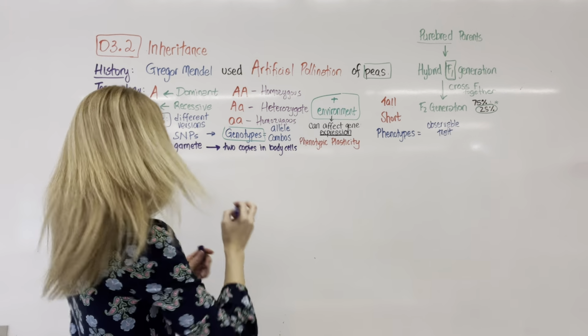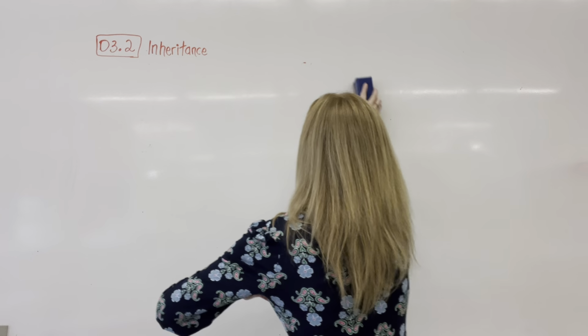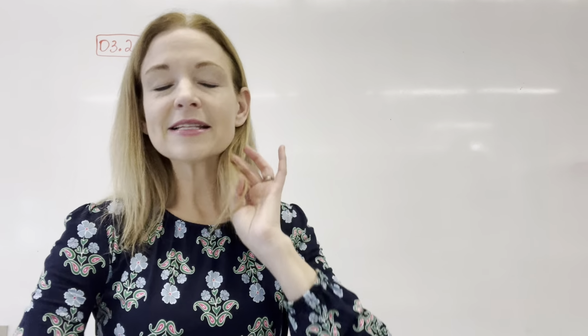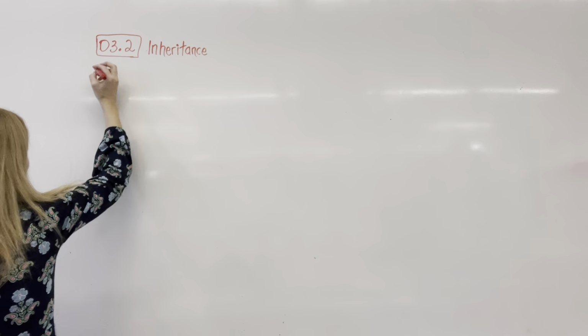Okay, so like I said, that was just my little bit of making sure that we know the terminology. What we're going to do now, and this is almost going to take us through our SL part, is a pretty big chart looking at the different patterns. So I'm going to erase just so I have plenty of room for that. What we are looking at now are the different patterns of inheritance. That's our background information.